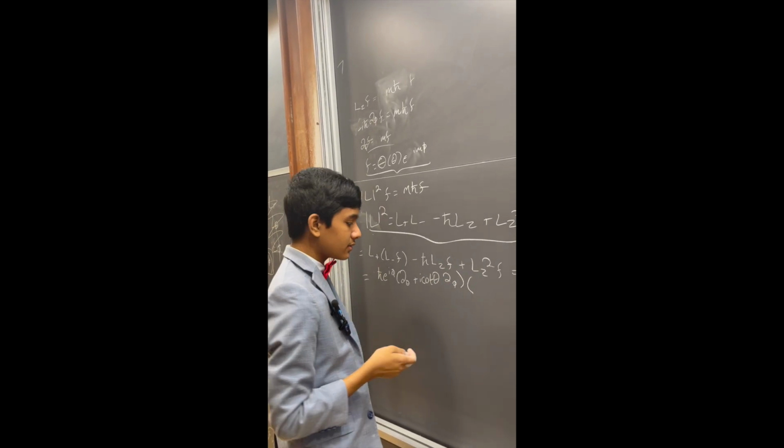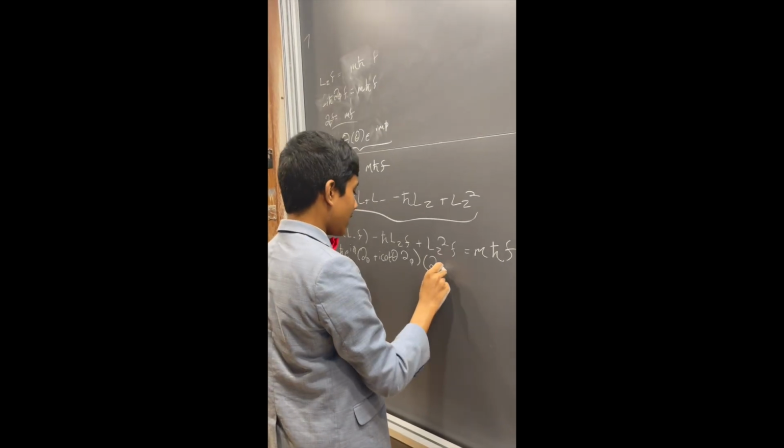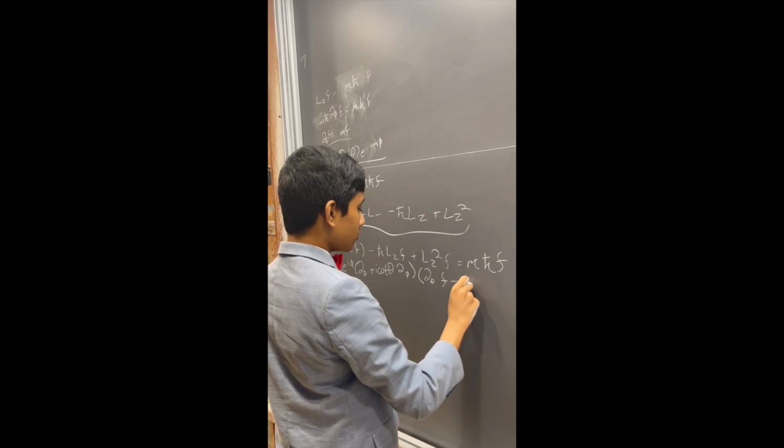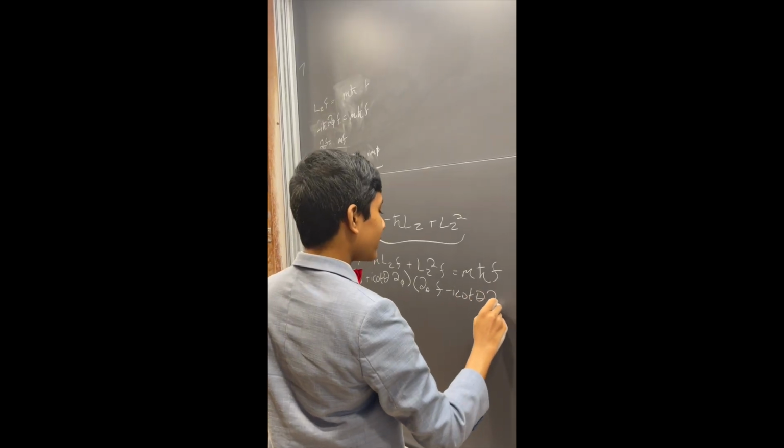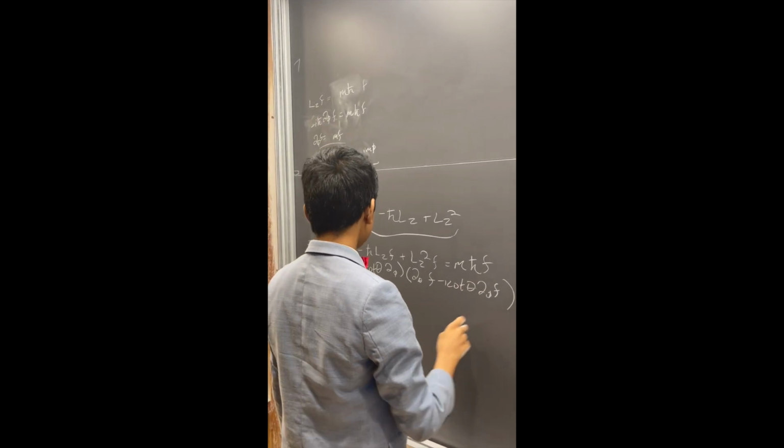L minus f is partial theta f minus i cotan theta partial phi f. Oh, and there should be h bar e to the minus i phi in between.